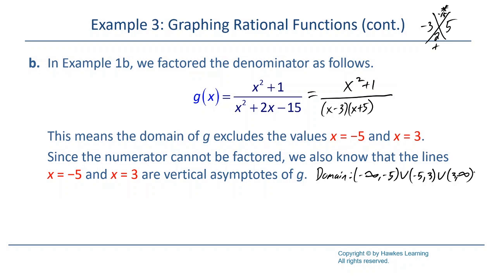So now we check and see, all right, x squared plus 1, that won't factor. It will factor, but it'll have imaginary parts, and we want to avoid that if possible. That means that x equals negative 5 and 3 will be your vertical asymptotes.